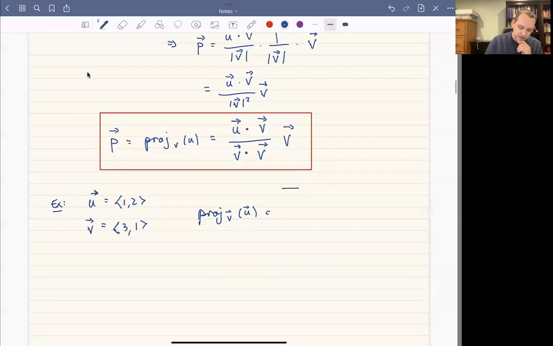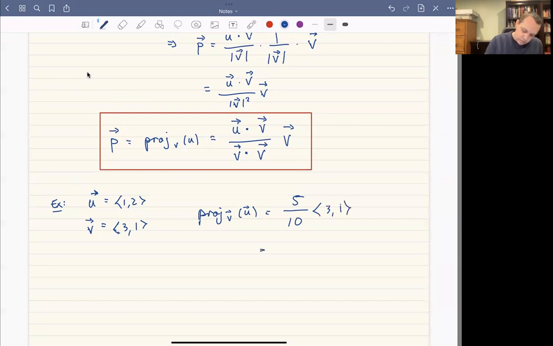So that's going to be 5. And then divided by the length of V squared. So that's V dotted with itself. So 3 times 3 plus 1 times 1. So that happens to be 10. And then times V. So times the vector 3, 1.